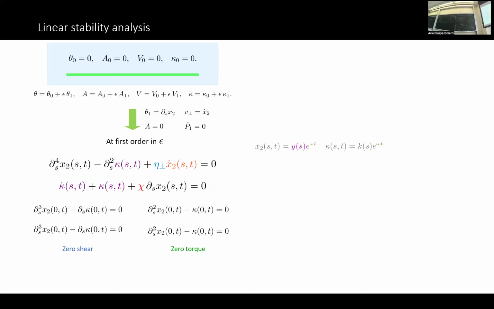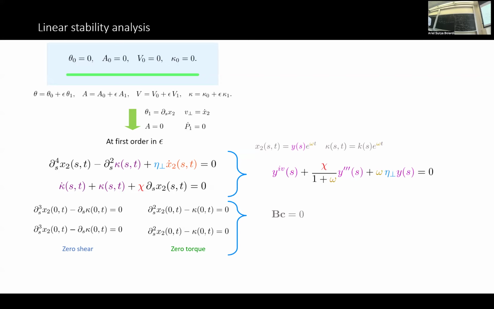Then we look for solutions in this form, where we separate space and time variables, and this omega is the eigenvalue, the characteristic frequency with which the filament oscillates. Again, we can simplify these equations into a fourth order linear ODE. This can be integrated analytically with Mathematica.